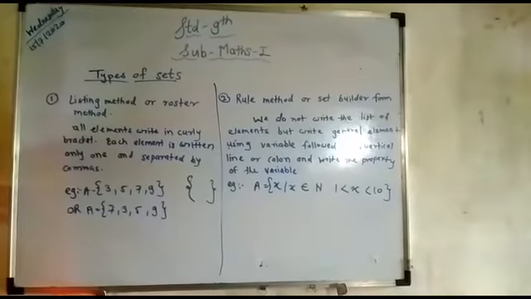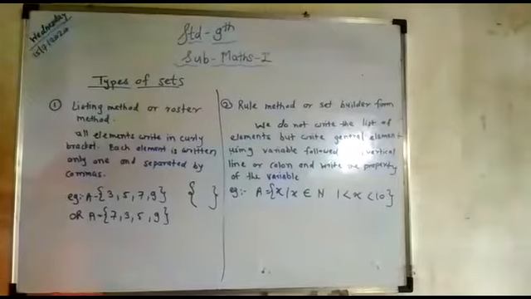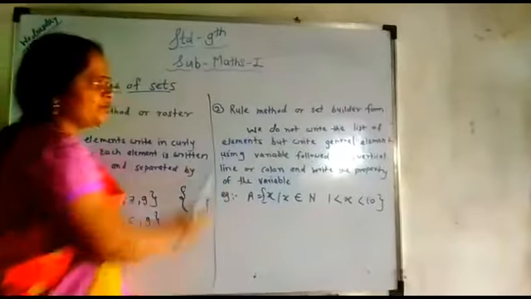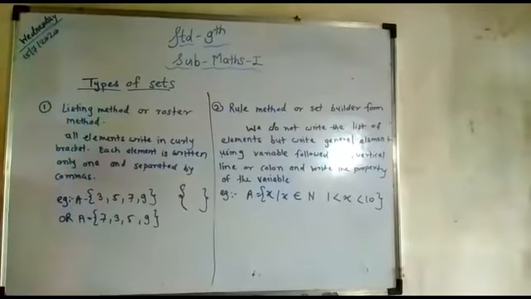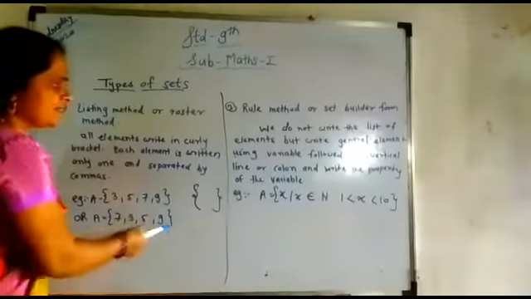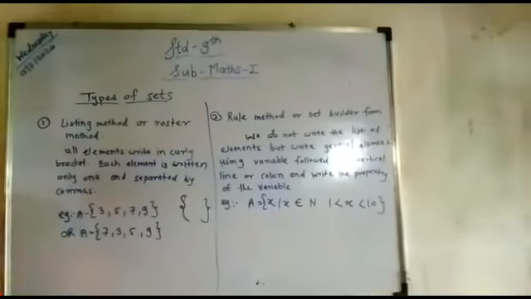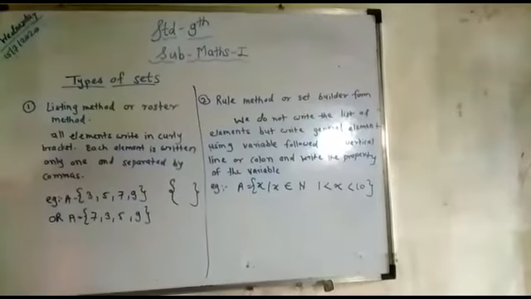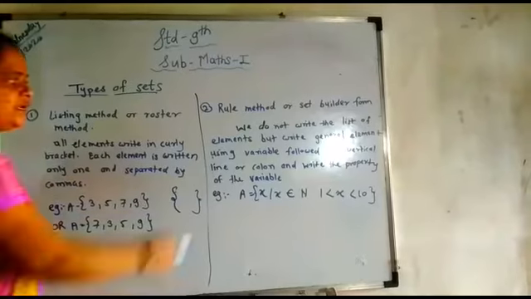Then the second method is the rule method or set builder form. In that method, we do not write the list of the elements. We do not write the list, but write the general element using a variable followed by a vertical line.